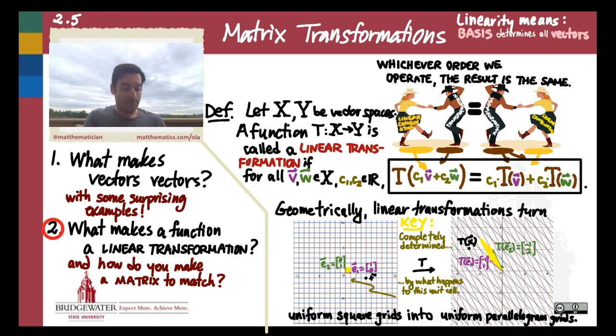For example here, T of e1, this purple vector, looks like (-1,1), and T of e2 looks like (-1,2). If you tell me what this transformation has done to just those two vectors, you've told me everything we need to know. Why? Suppose I have some other vector x in my xy plane.